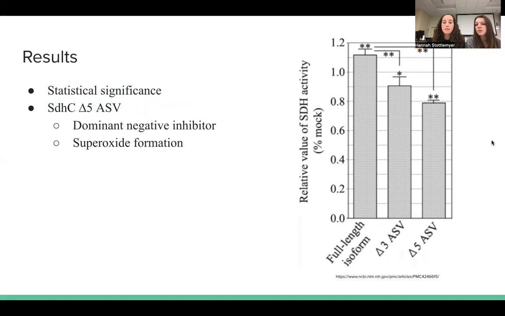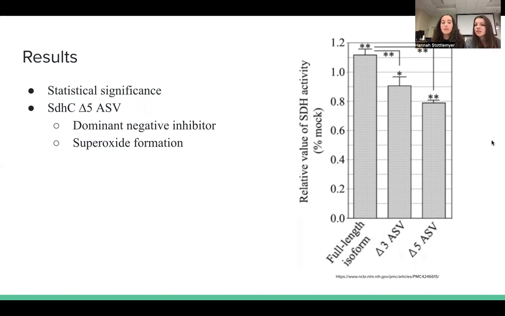And so from the bar graphs, we can see that the full-length isoform demonstrated the highest level of SDH activity, followed by the delta 3 ASV. And then finally, delta 5 ASV demonstrated significantly less SDH activity than the other 2.